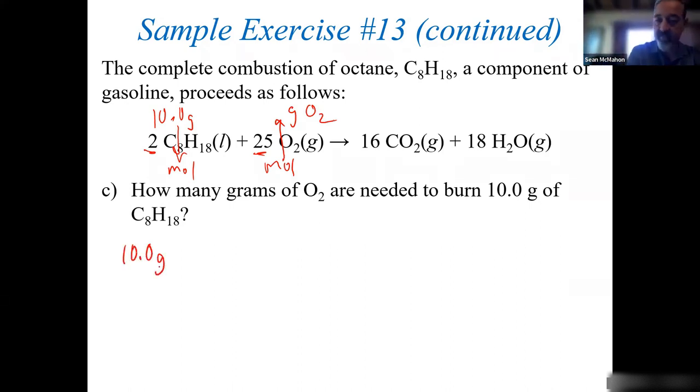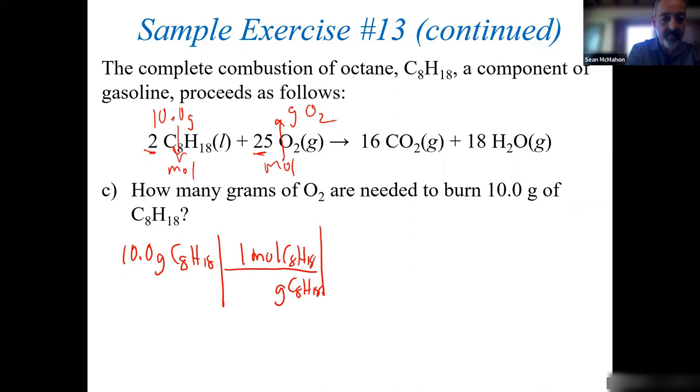10 grams of octane. I have to figure out the molar mass of octane. That would give me 1 mole of octane. So how do I do the molar mass? Periodic table. Let me do that real quick.